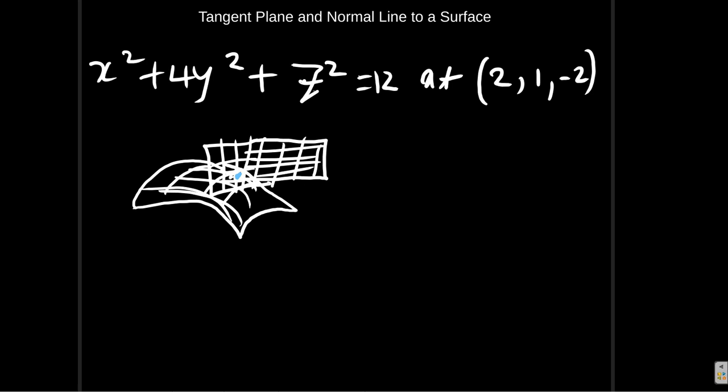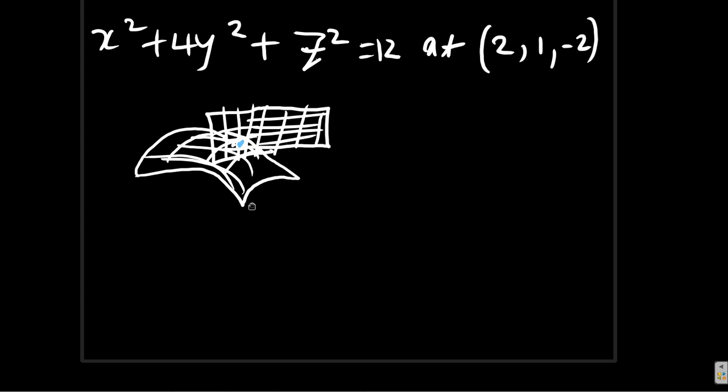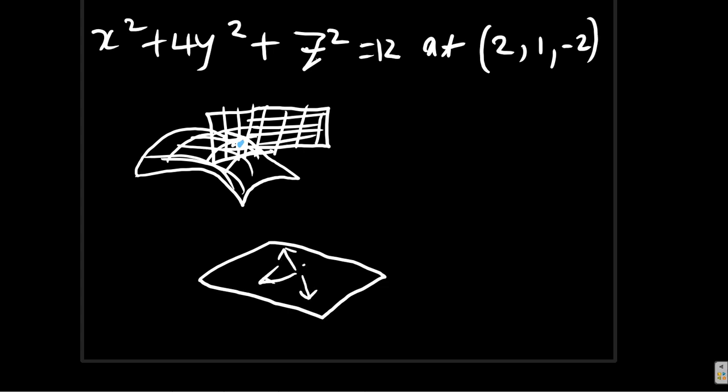Now, how do we find the equation of a plane? Well, if you have a plane, you have vectors on the plane. You have an infinite number of vectors that you can look at, pointing in all directions.